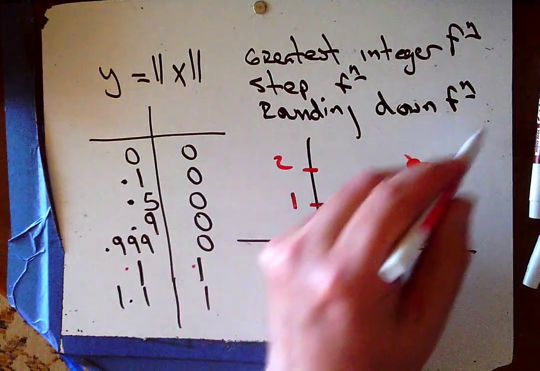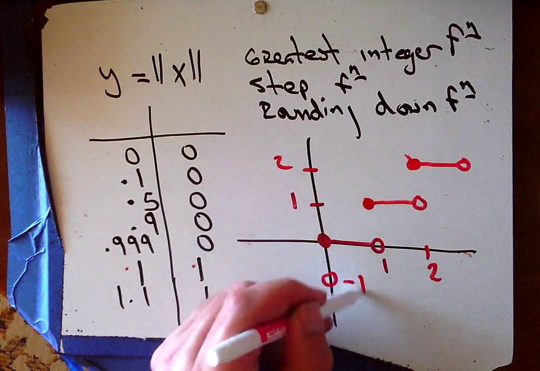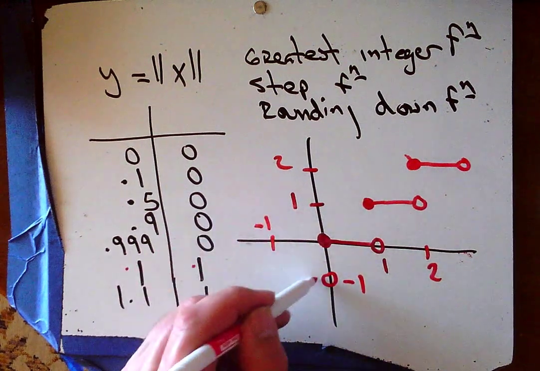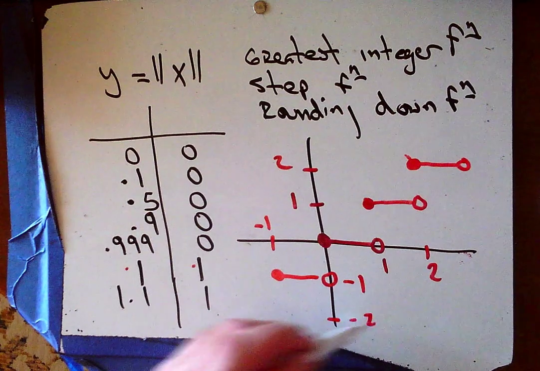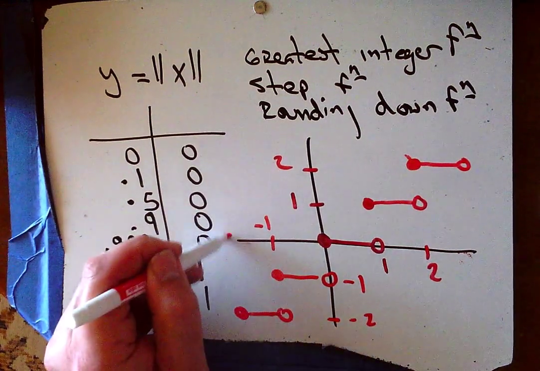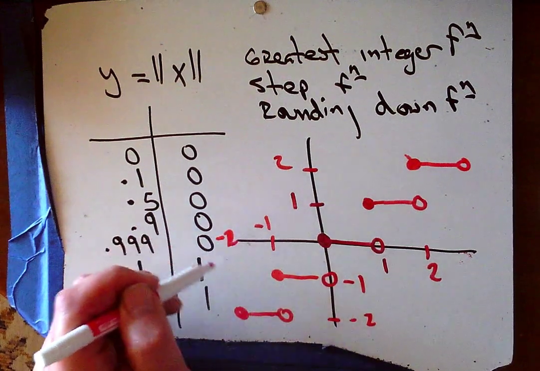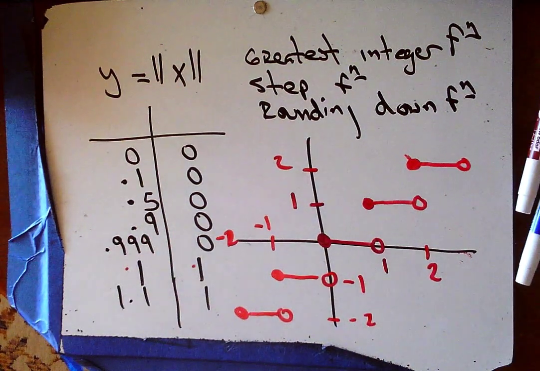And this continues both in the positive direction and in the negative direction. So here at negative 1, it would look like this. And at negative 2, we would have a graph that would look like this. Okay, so there's our reference graph for int x, the rounding down function.